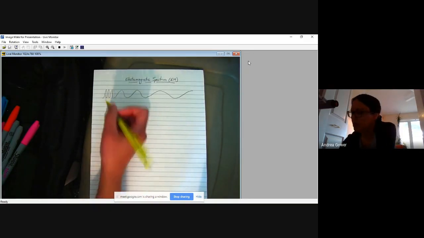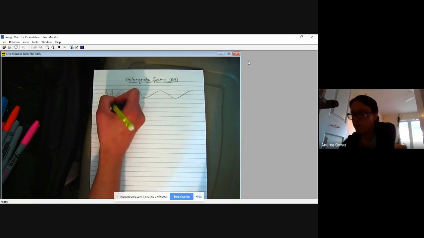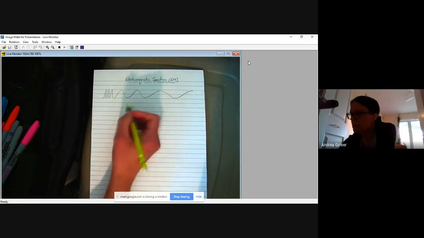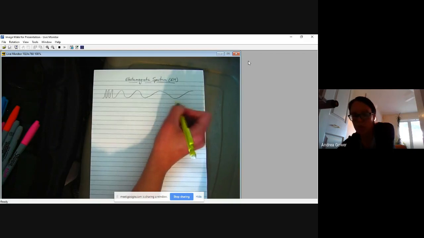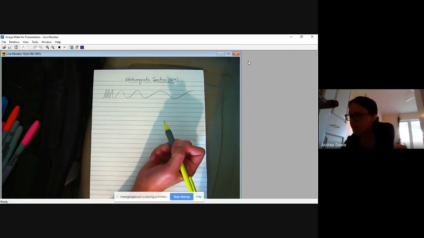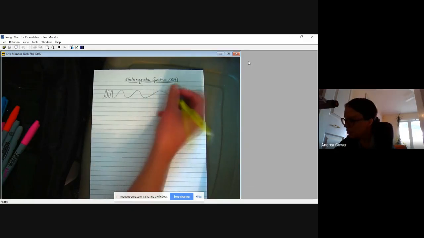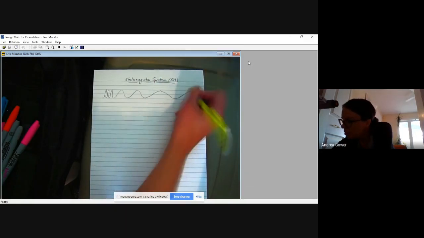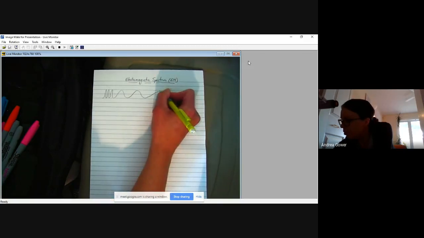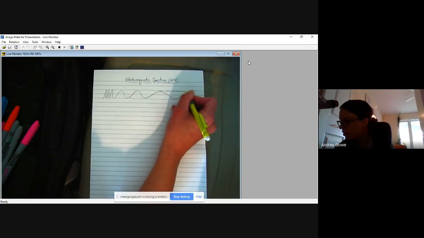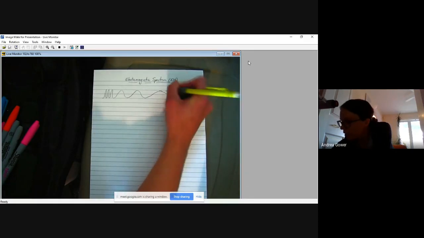So there's a pattern to these waves, and these are all the different forms of light. So we've got this tight together, back and forth kind of wave, and then we get to a more slow moving, rolling wave. A couple of things about each of these waves: from here to here, which I'm going to say is peak to peak, from that point to that point, we call that a wavelength.